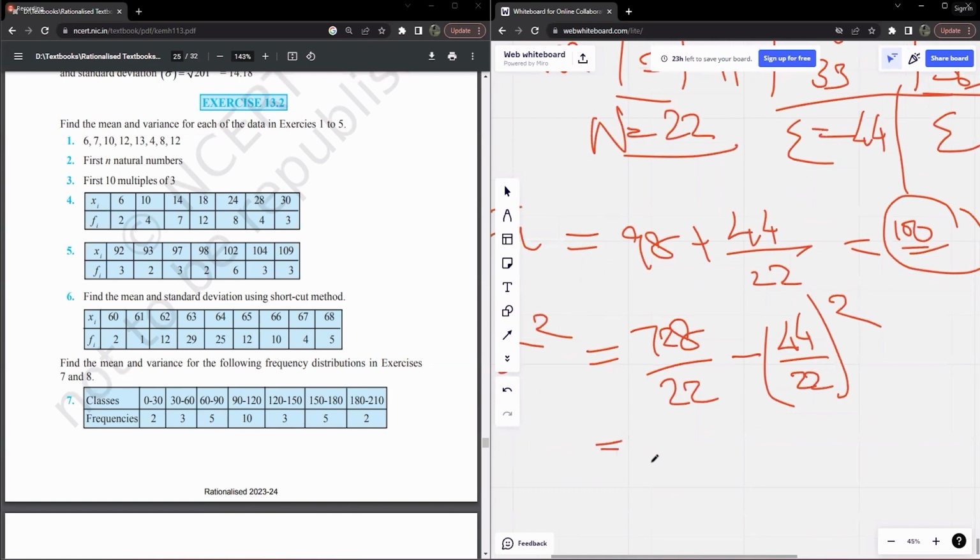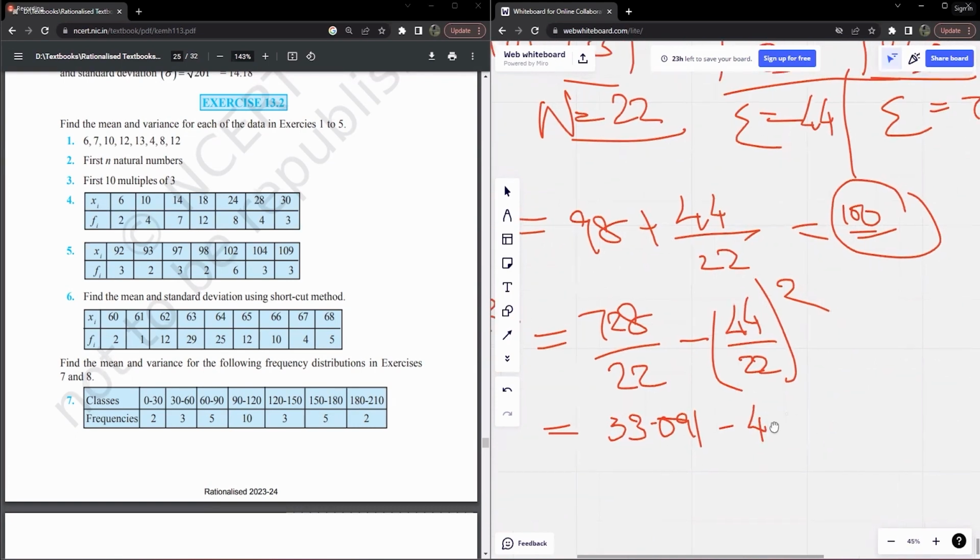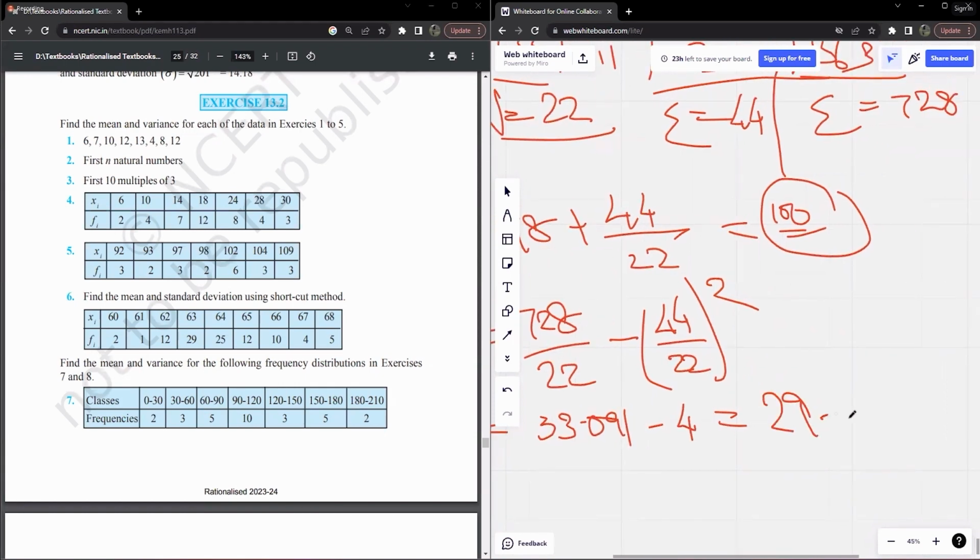Which is then going to be 728 by 22, right? Which is 33.091, because it's 33.090909, which I'm shortening as 33.091, minus 2, and 2 squared is 4, which is going to give me a value of 29.091 as my variance.